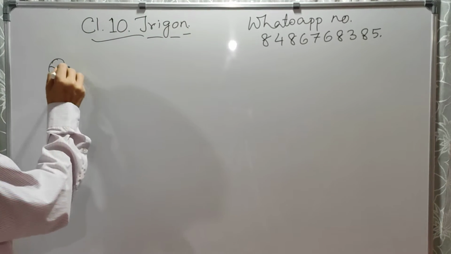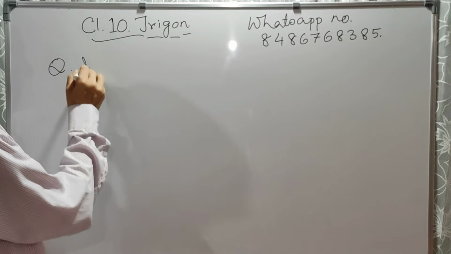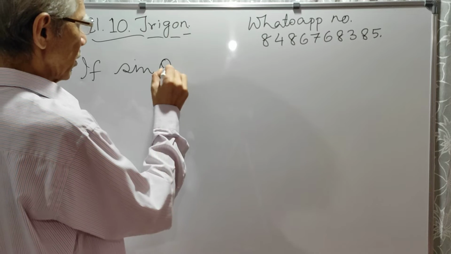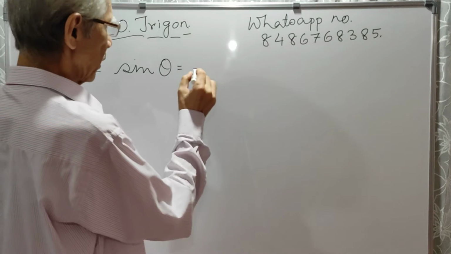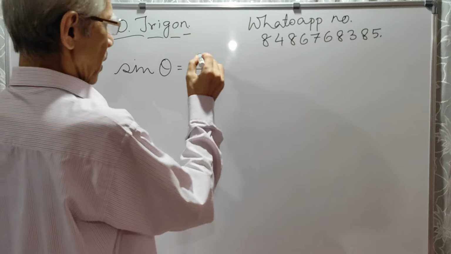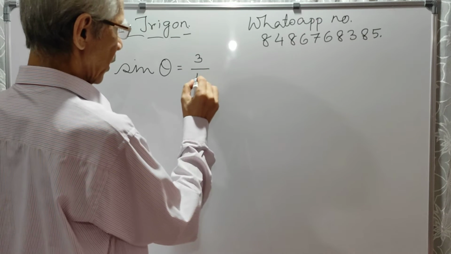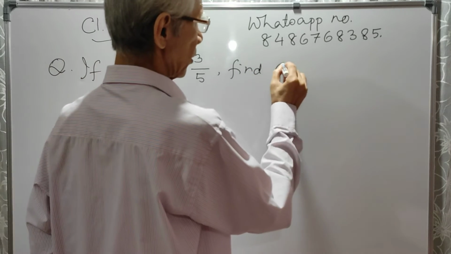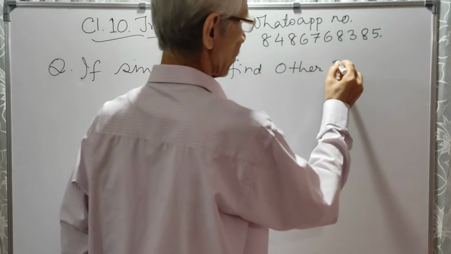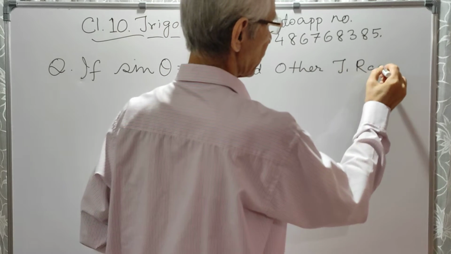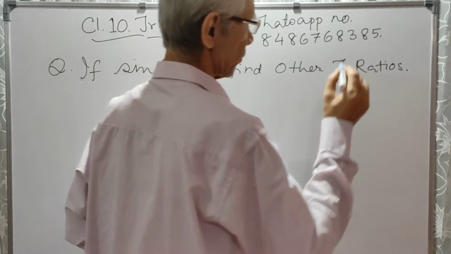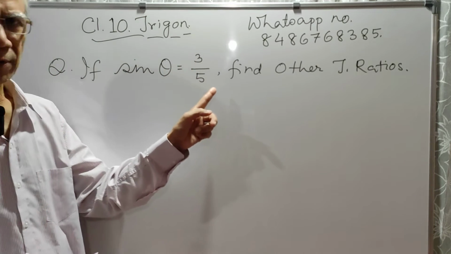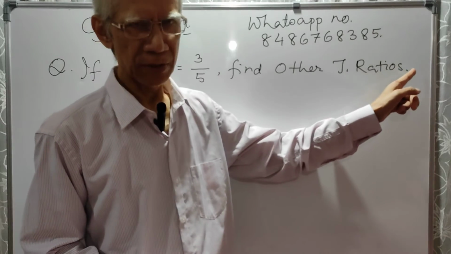The question is this: if sine theta equal to 3 by 5, find the other trigonometric ratios. So this is a question. If sine theta equal to 3 by 5, find the other trigonometric ratios.